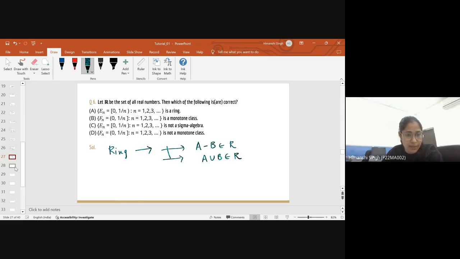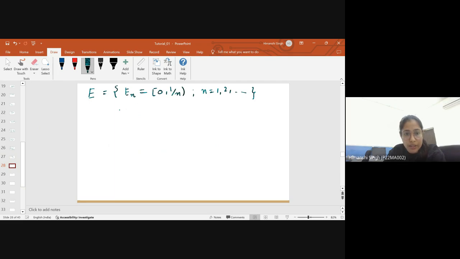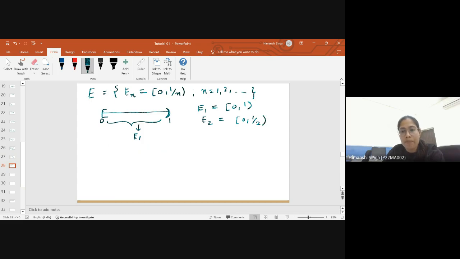So first of all, let us analyze this set. If I have a line, here I have 0, here I have 1. If I consider E1, it will be 0, comma 1, open. So in E1 we have 0 but we do not have 1, but we have all the intermediate numbers. Now E2 will be 0, comma 1 by 2, open.